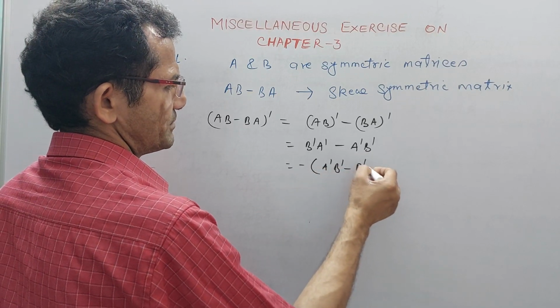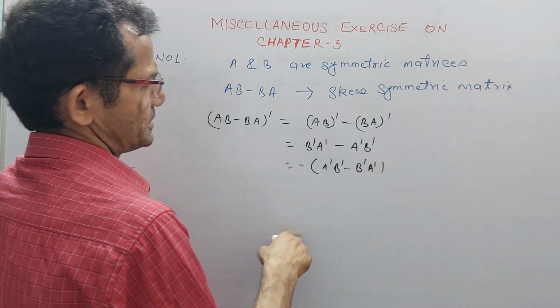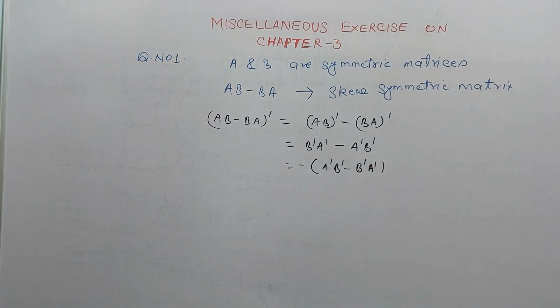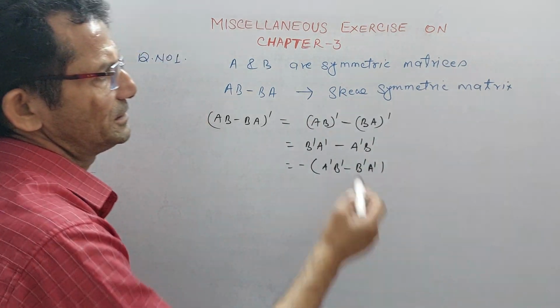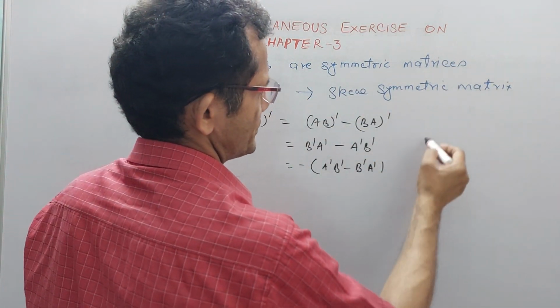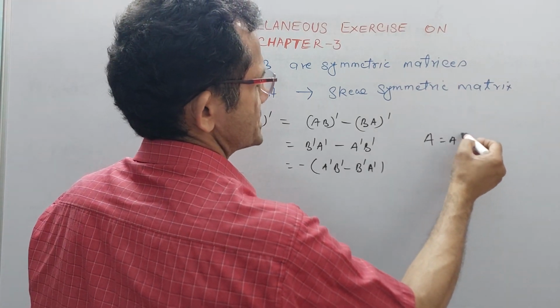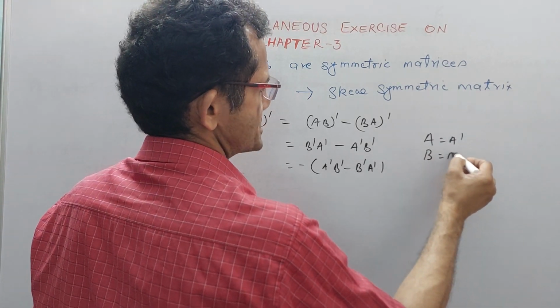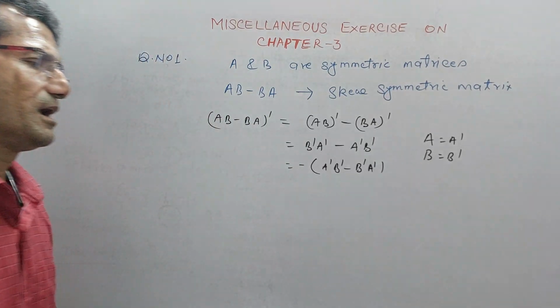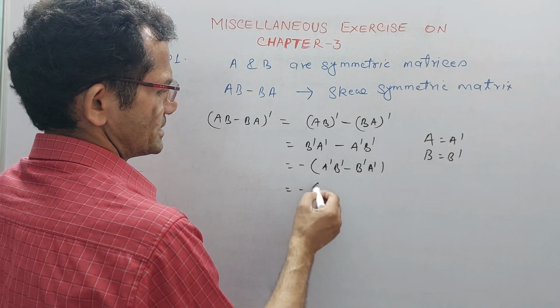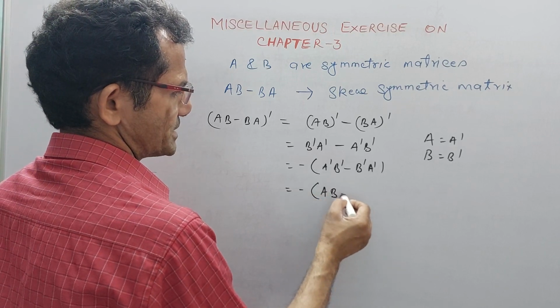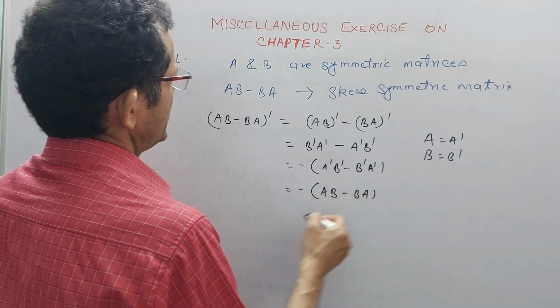Here A and B are symmetric matrices, so A transpose is A and B transpose is B. Replacing these, we get BA minus AB.